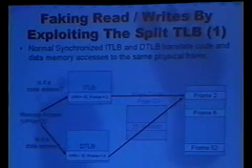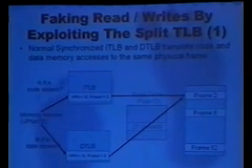Normally, we have the ITLB and the DTLB, which hold the virtual-to-physical mapping information. They cache it for frequently used pages. Under normal circumstances, the ITLB and the DTLB have identical mapping information.